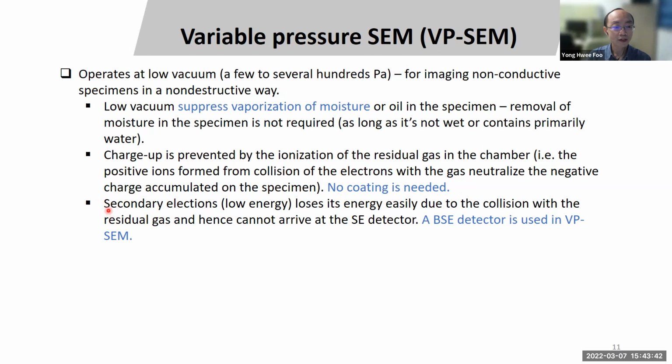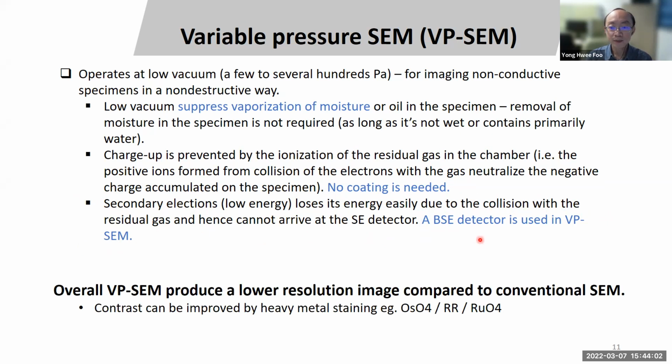However, a small caveat is the secondary electron tends to lose its energy due to the collision with the residual gas. Therefore, the secondary detector is not able to detect secondary electrons, and typically a BSE detector is required in VP SEM.